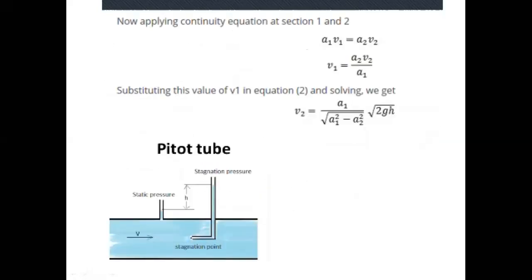So let me go ahead. If you apply the equation of continuity, A1 V1 equals A2 V2, we can make V1 the subject, which will be given by this. Then we can substitute this equation of velocity into equation 2.